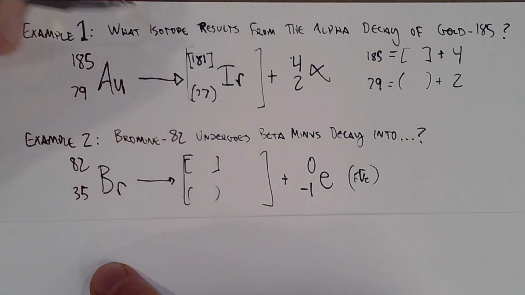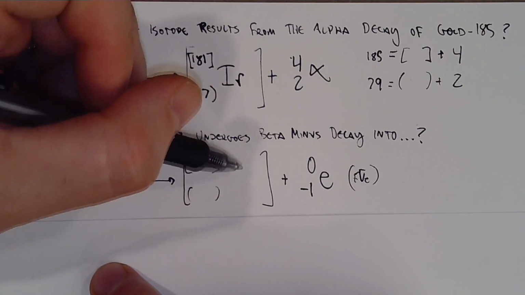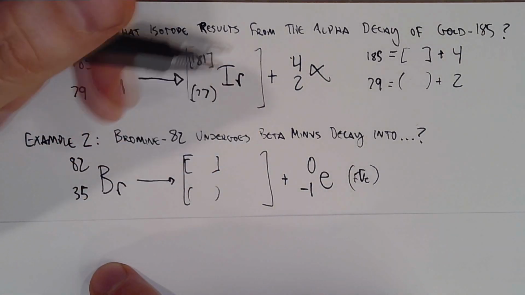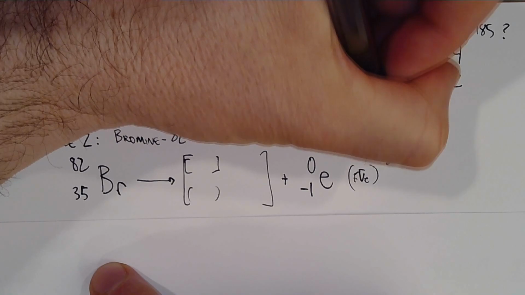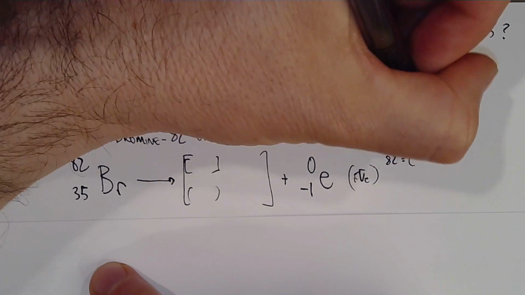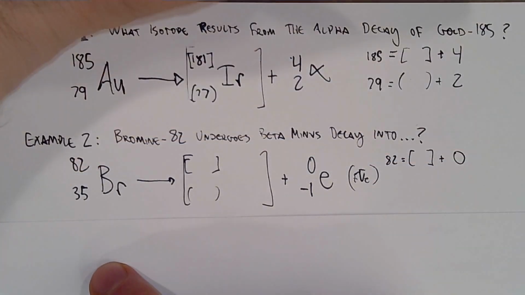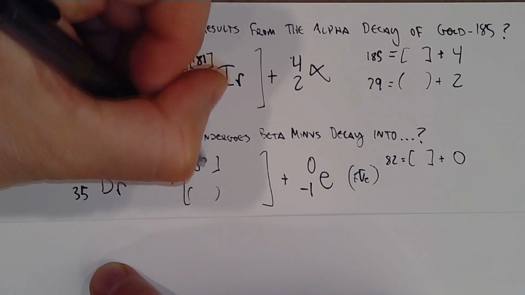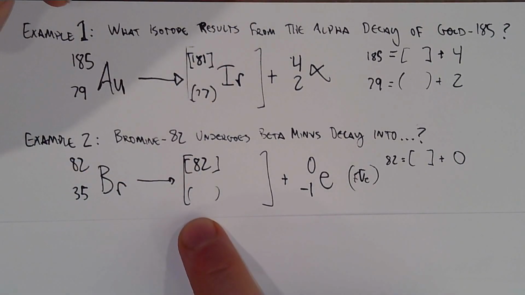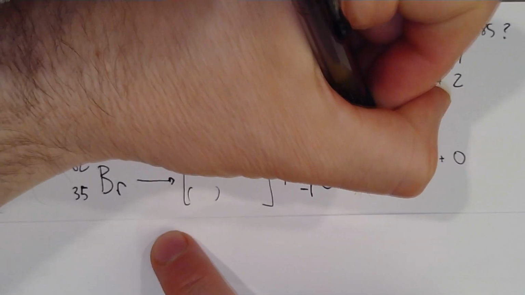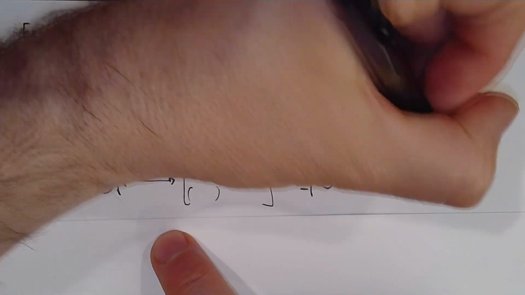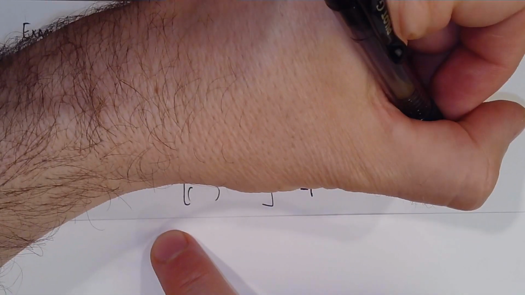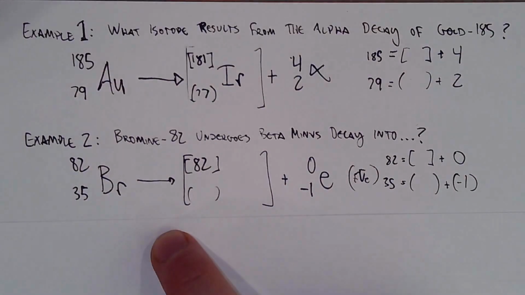We've got these two things to work out here. So we'll do it over here just for consistency's sake. But 82 equals something plus 0. What could that be? Of course, that's 82. Now, this one is a little trickier on the bottom, though. So it's 35 equals something plus a -1.